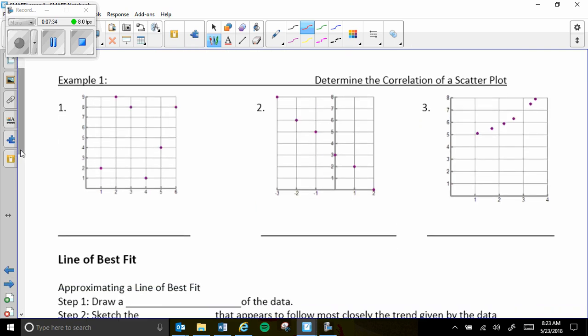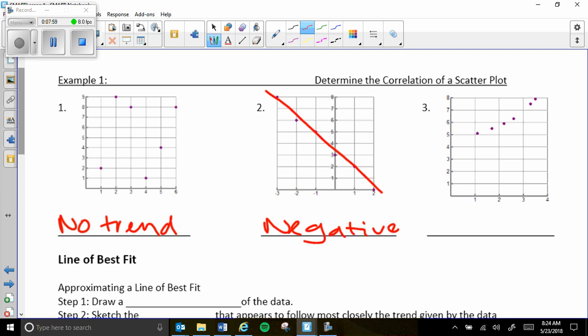We need to figure out what types of correlation these have. So looking at example 1, could I draw a positive or negative slope to more or less follow the trend of these points rather? No, so there is no trend here. In example 2, we connect them with a negative slope, so the correlation is negative.